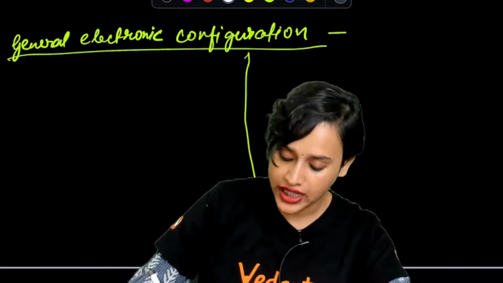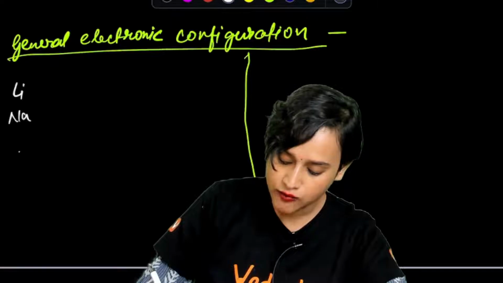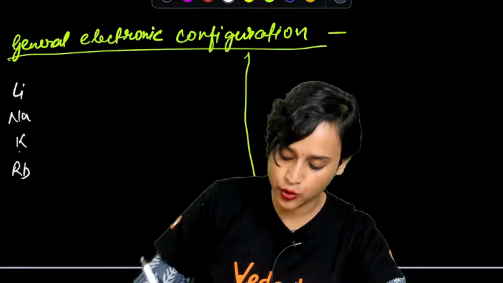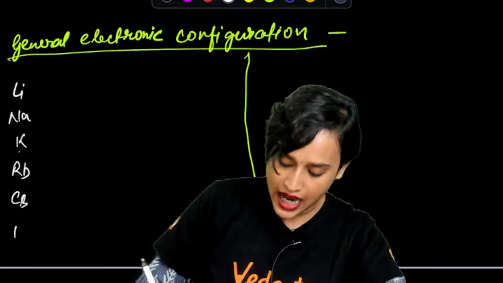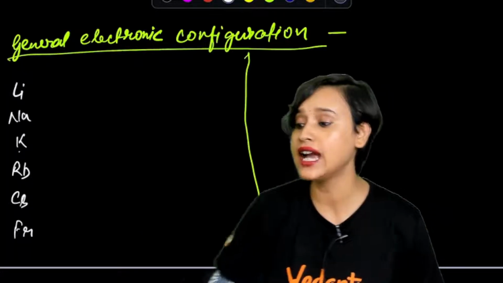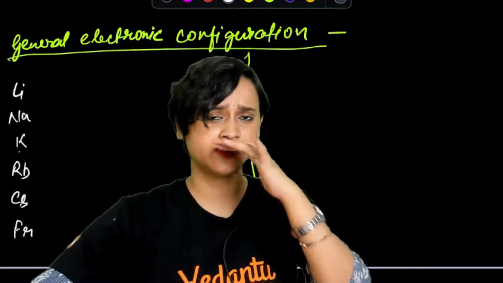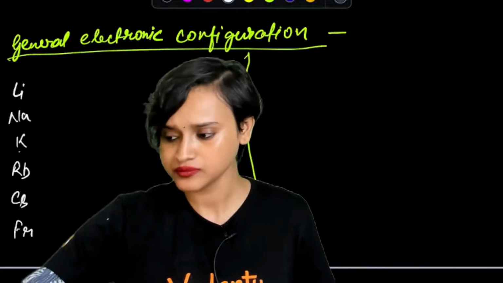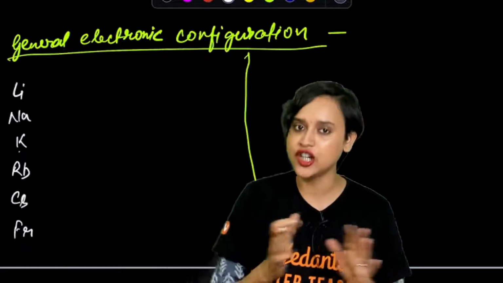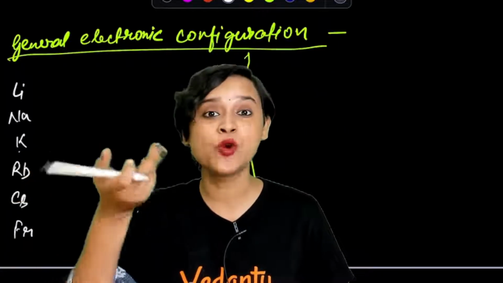So what are the elements that are present with us? In group 1, we have lithium, sodium, potassium, rubidium, cesium, and francium. Francium is definitely radioactive, and that is why we will not be reading much about francium, because in your syllabus, radioactive elements are not to be spoken about much.